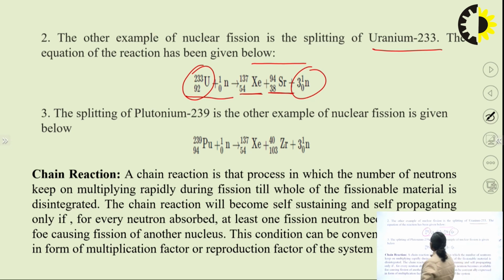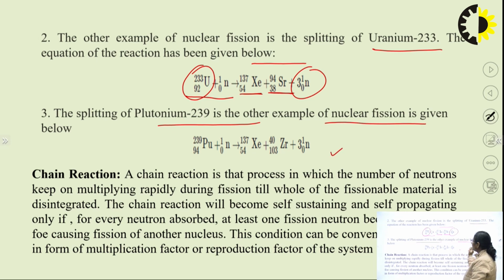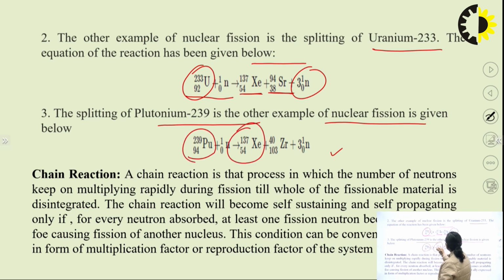Also, plutonium-239 is another example of nuclear fission, and it is given by the following equation. Plutonium is the parent nucleus, the daughter nuclei are Xe and Zr, and again 3 neutrons are released by this fission reaction.